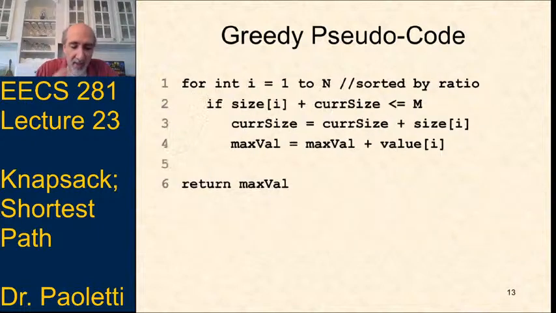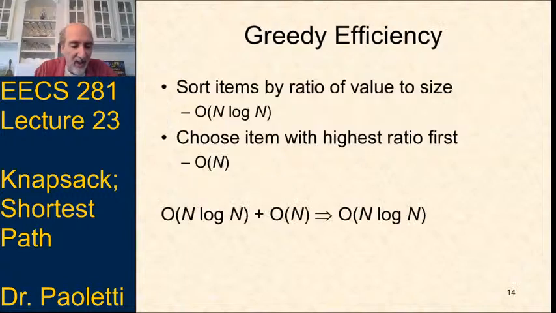I sort them all by that, and then all I have to do is go through the items. If the item fits, I add its current size and I add its maximum value, and this whole loop takes O of n time. So our greedy approach is nice in that it's n log n time to do the sorting, and that's the biggest complexity of the whole process.